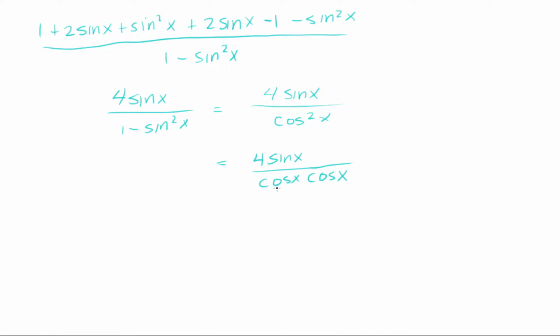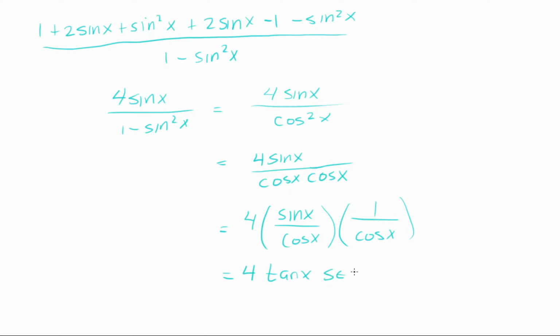And the reason I want to do that is because now I'm going to split it into a fraction, times 1 over cosine of x. Now, I'm going to use another identity. What is sine of x over cosine of x? It's tangent of x. And 1 over cosine of x is secant of x. And that proves the identity.